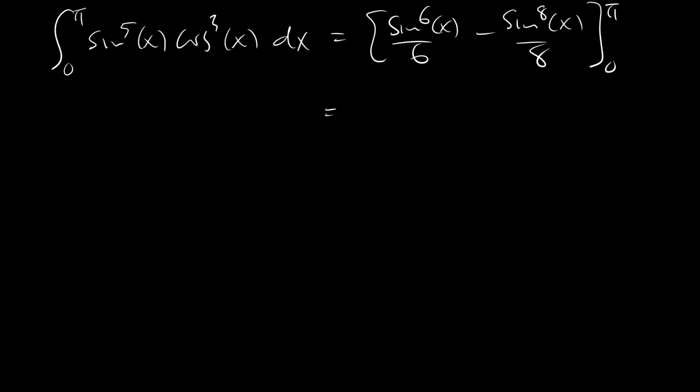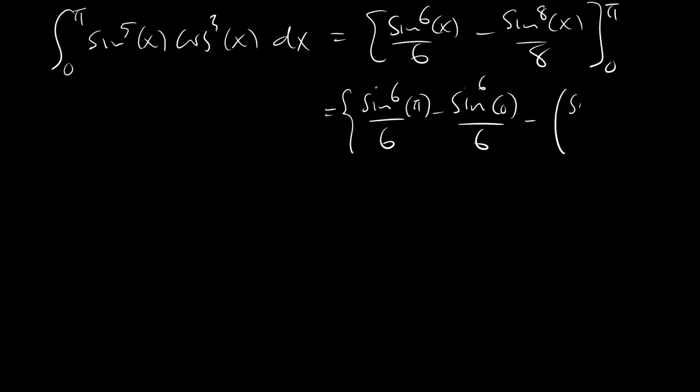So this is obviously going to be equal to sine to the 6 pi over 6 minus sine to the 6 0 over 6, minus sine to the 8th pi over 8 minus 0 over 8.